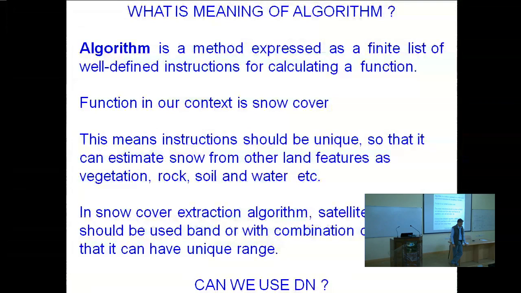We can calculate albedo from DN. Where do we calculate? What is DN? Digital number. All of you know digital number, what it means?